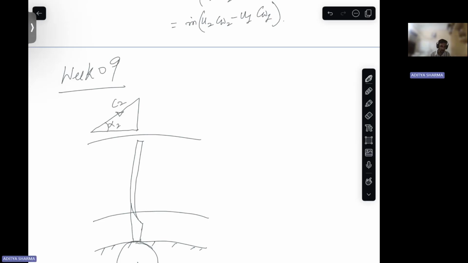So this is for the impeller of a centrifugal compressor.